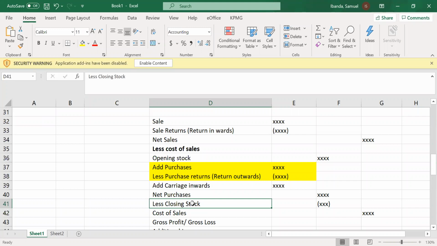The higher the closing stock, does it give us a higher cost of sales or a lower cost of sales? Can a volunteer unmute and try to tell me what they think?